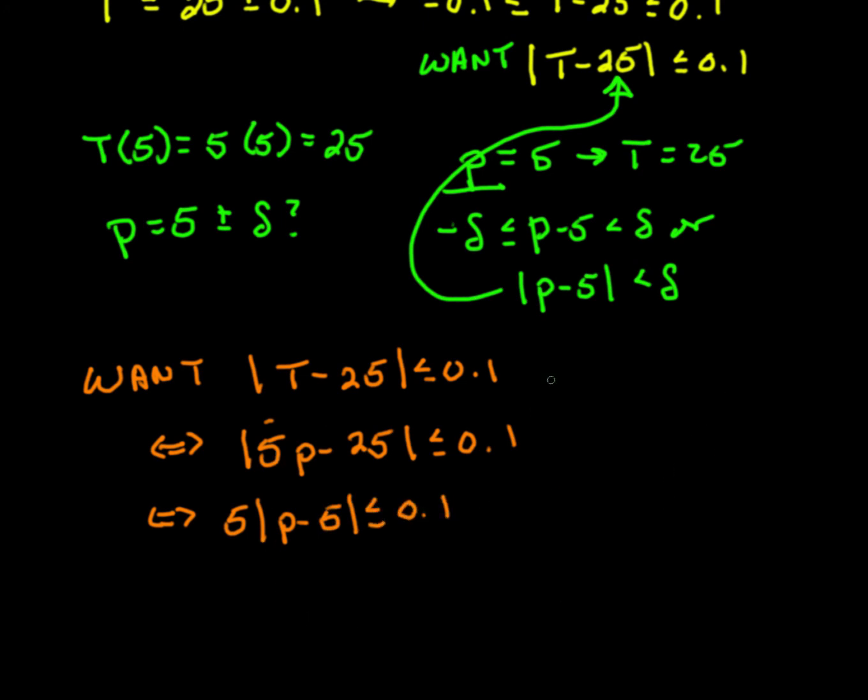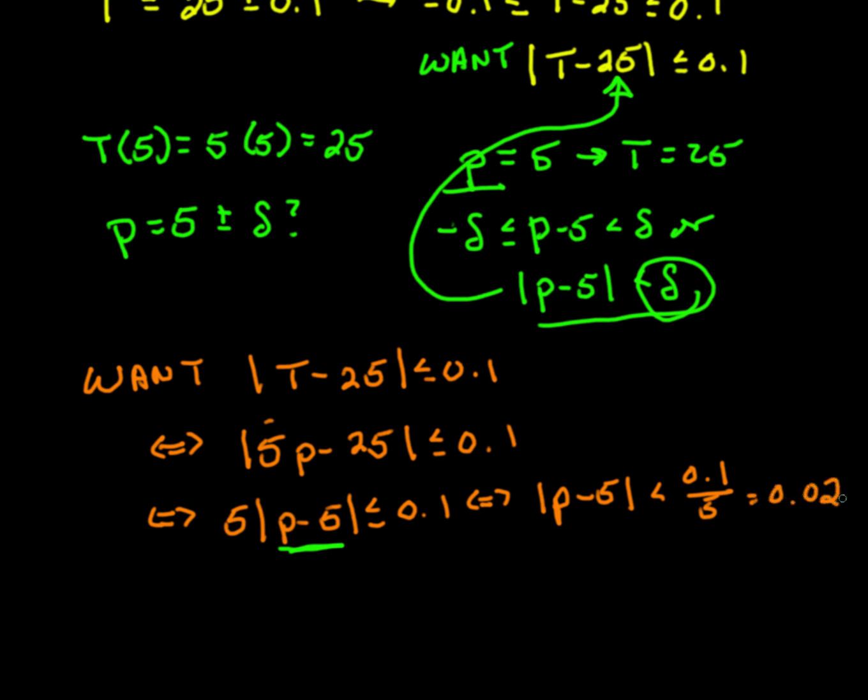And lo and behold, isn't this exactly what we're trying to get a handle on, what does P minus 5 need to be less than? Right, we want to find this delta that makes it true. Well, I can divide both sides by 5, and this tells me this is true if and only if the absolute value of P minus 5 is less than 0.1 divided by 5, which is 0.02.